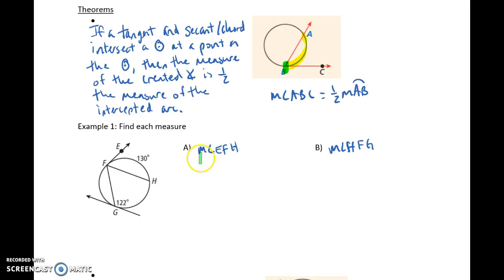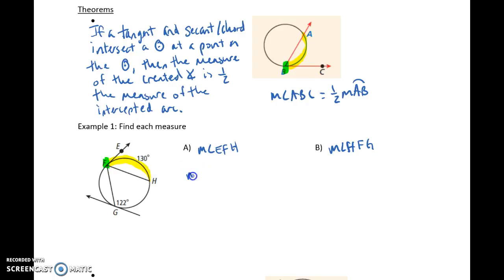Okay, so let's start by looking for the measure of angle EFH. Just like before, look at where the vertex is. F is on the circumference of the circle, which means that angle should be 1/2 of whatever its intercepted arc is. So if we follow the vertex out to E and out to H, you should see that the intercepted arc is this 130 degrees.